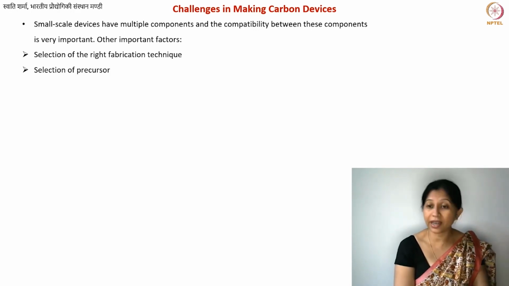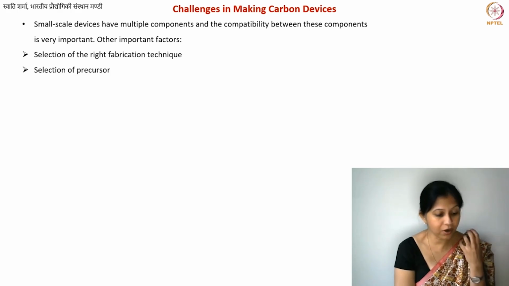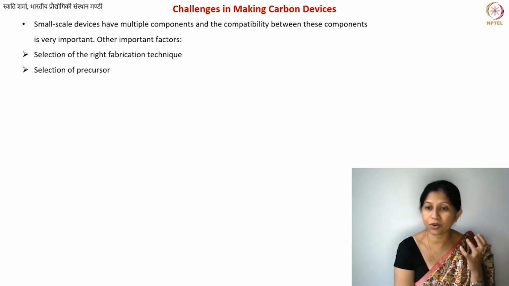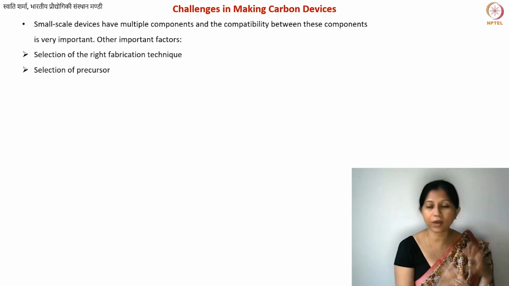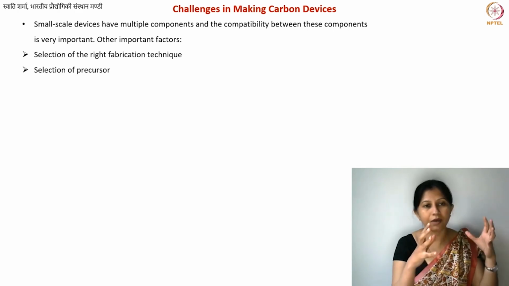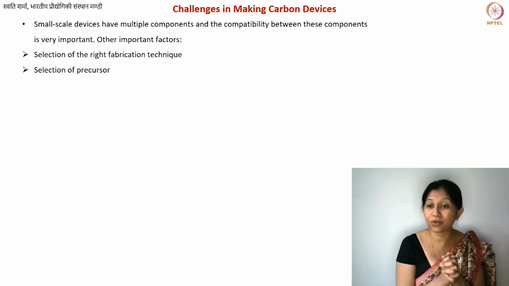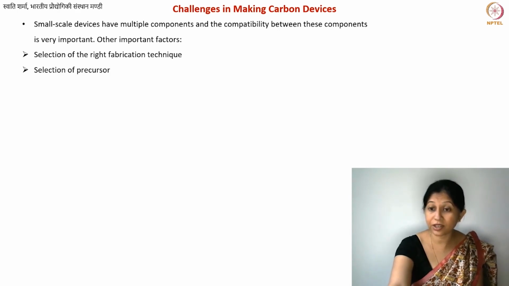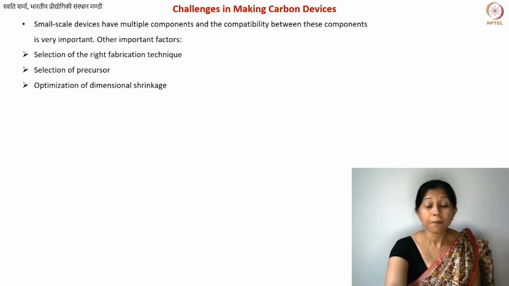You may not get good quality carbon, because either the carbon content is too low in the polymer, or you have too much oxygen in the polymer, which takes a lot of carbon away, so you don't get good quality carbon. So the coking and charring mechanism, and all the fundamentals of what gives you good carbon, are also valid in the case of micro nano devices. So selection of precursors is very important.